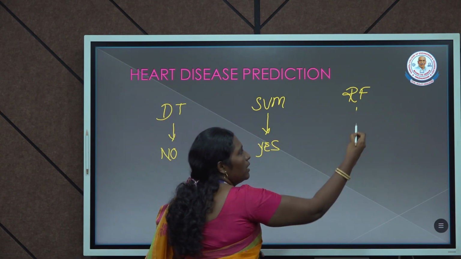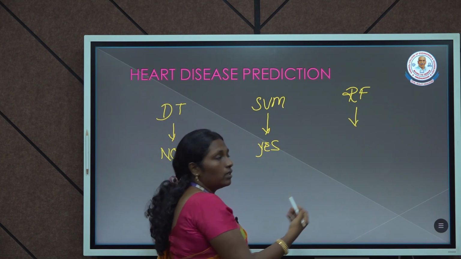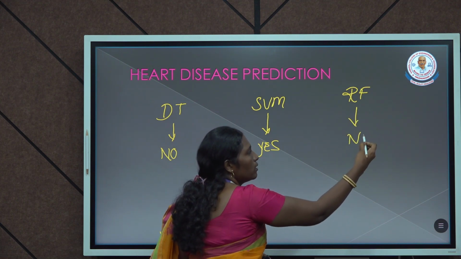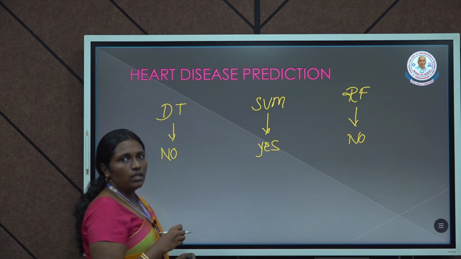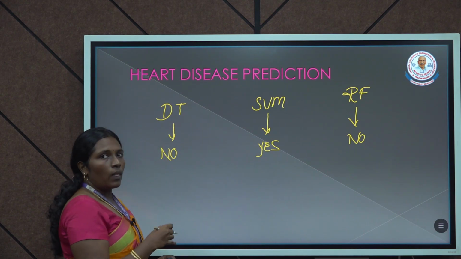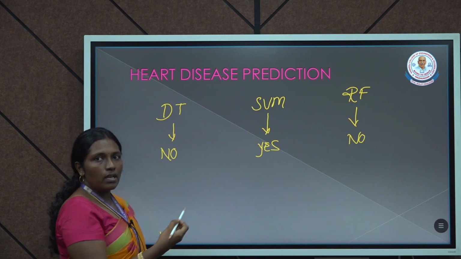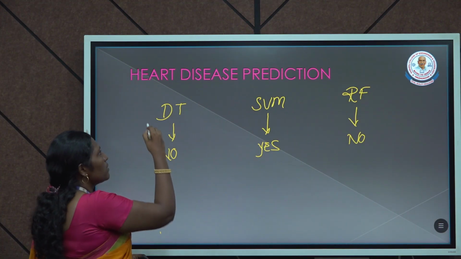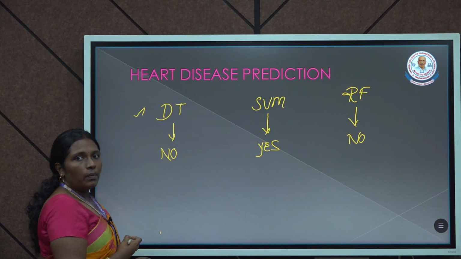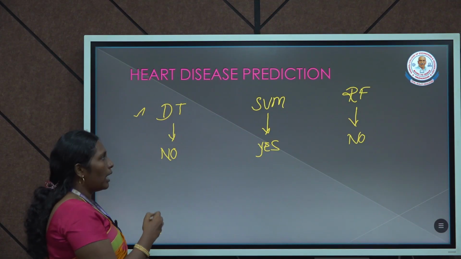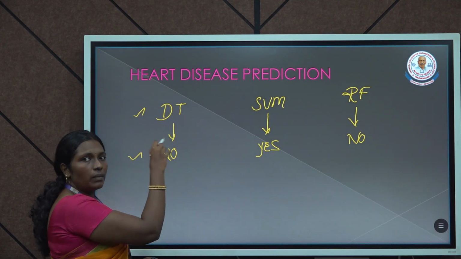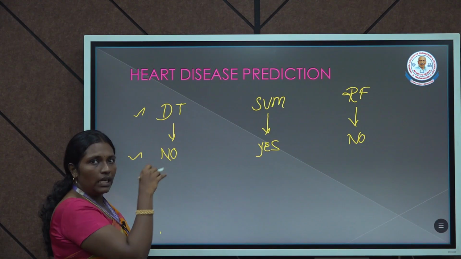From random forest I am getting the answer no, you are not having the heart disease. So I have got 2 no's and 1 yes. So this is my combined methodology, and I got the predictive output from each algorithm.